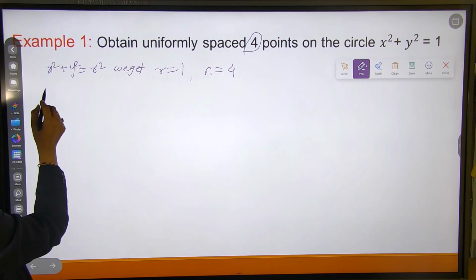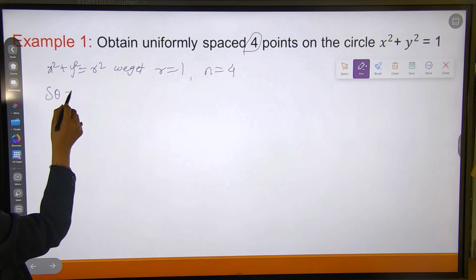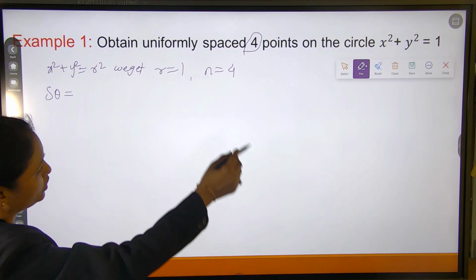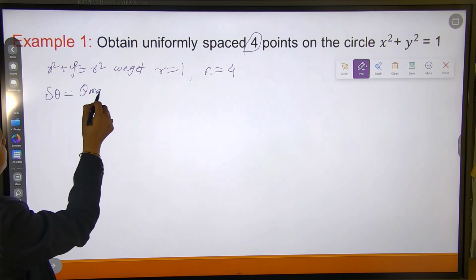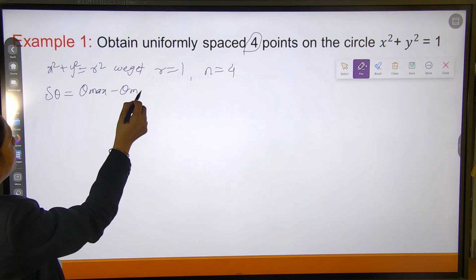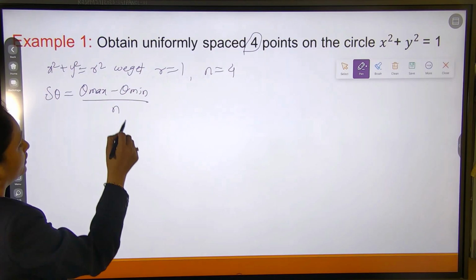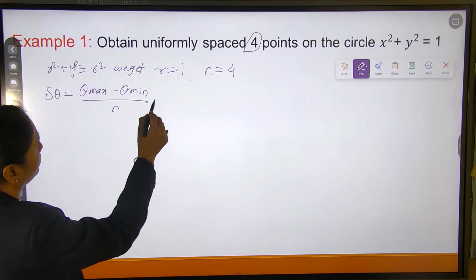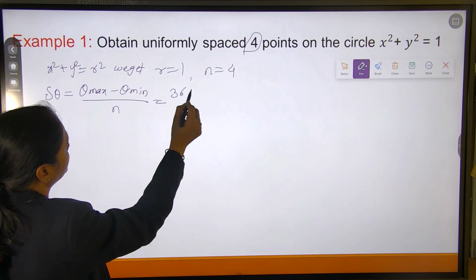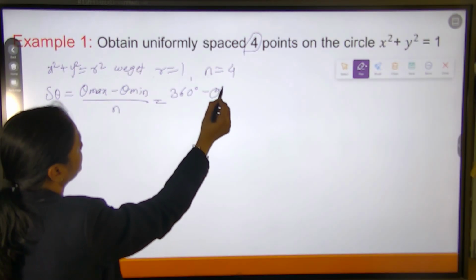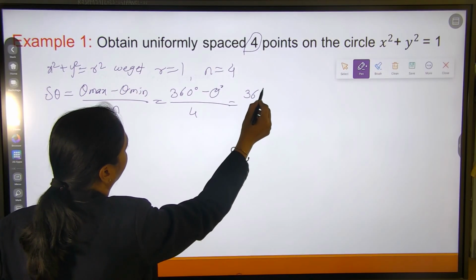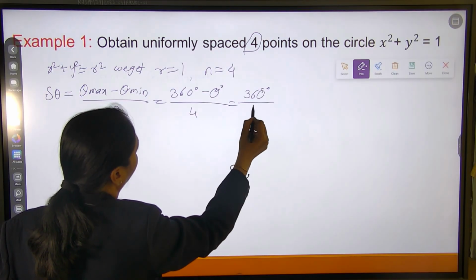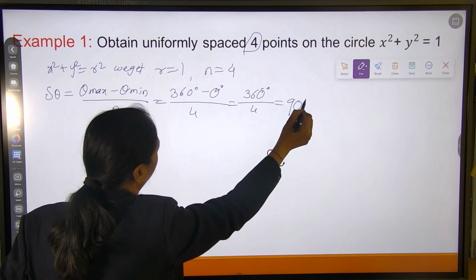Then calculate the incremented angle, that is delta theta. As the circle is closed, the delta theta is calculated by theta max minus theta min upon n. So as the circle is closed, we have theta max, that is 360 degree, and theta minimum 0 degree, upon number of points 4. So 360 degree divided by 4, that is equal to 90 degree.